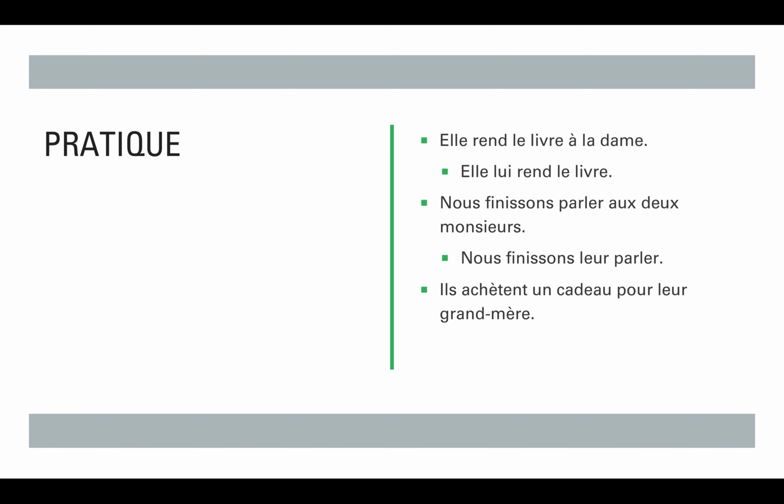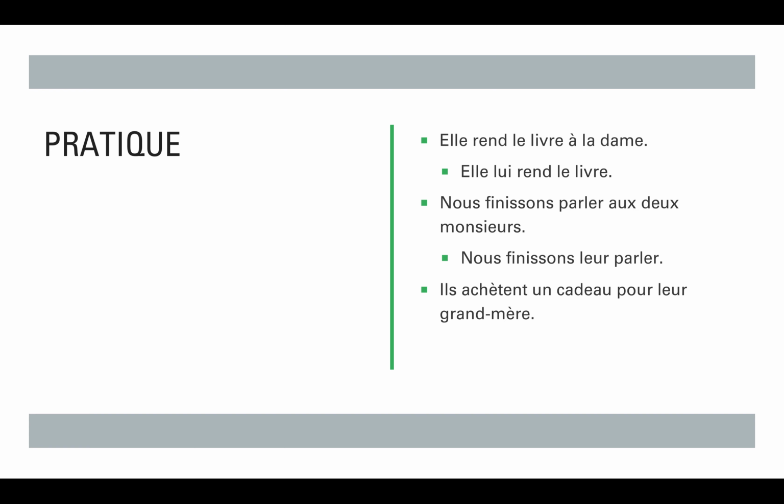Ils achètent un cadeau pour leur grand-mère. Now be careful because leur here means their grandmother. I know that leur is one of our indirect object pronouns, but it's not replacing anything, so it's not a pronoun. And you're not going to look at leur and just plop it into that spot necessarily.